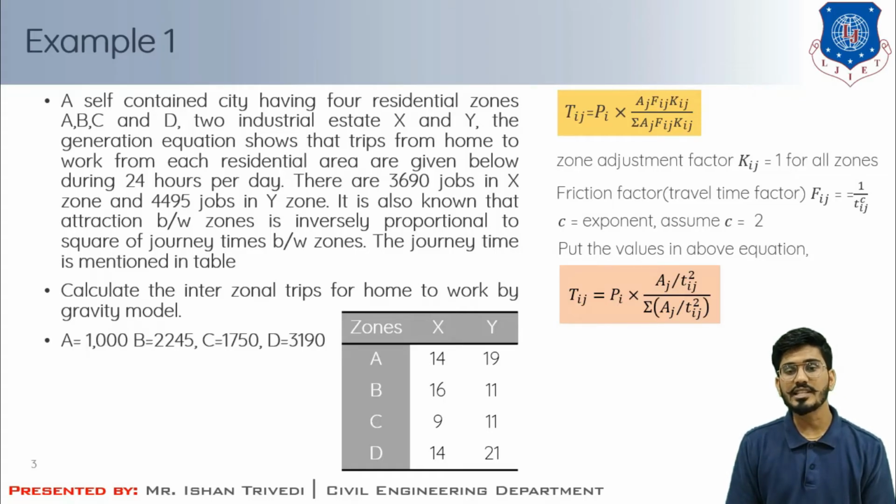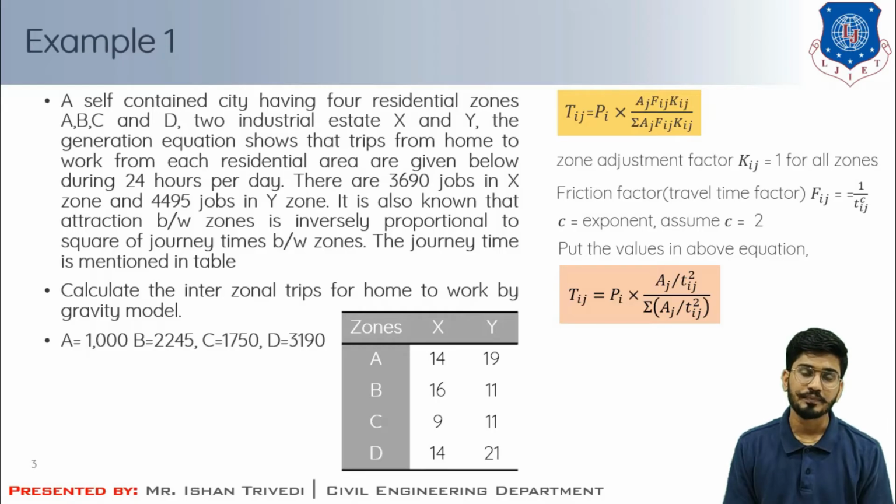Now based on this equation, I am going to compute the total trips originating, for example, from zone A with destination zone X, and similarly from A with destination Y. The total number of trips in zone A is 1000. So how many trips are going to the X industry, and how many persons are going to zone Y?